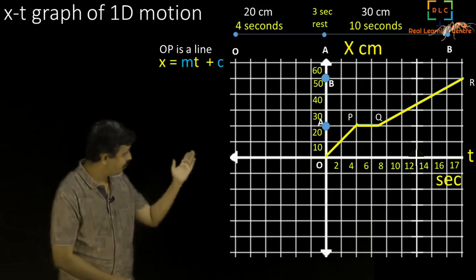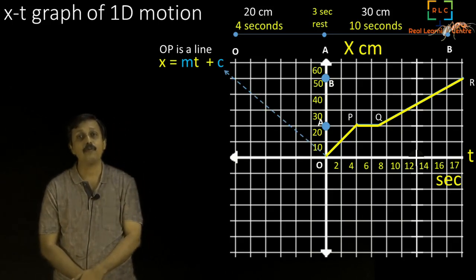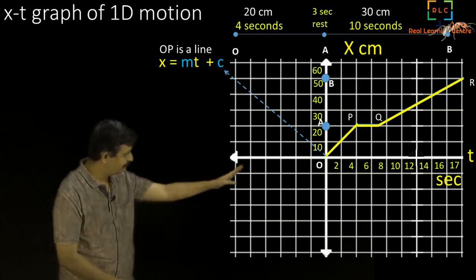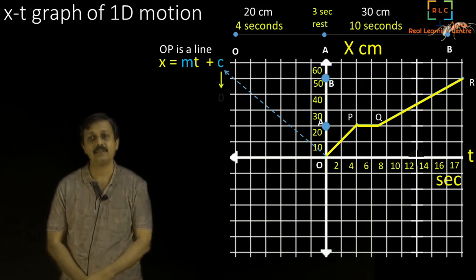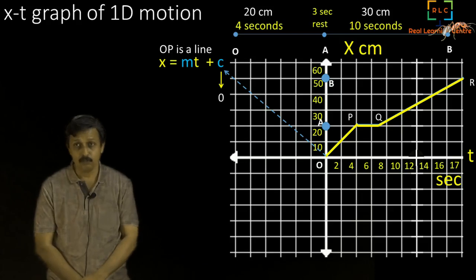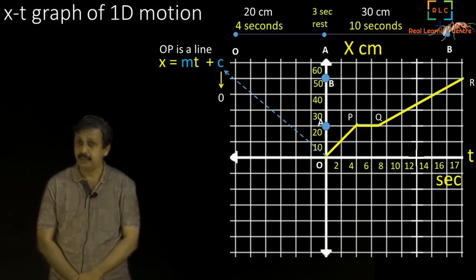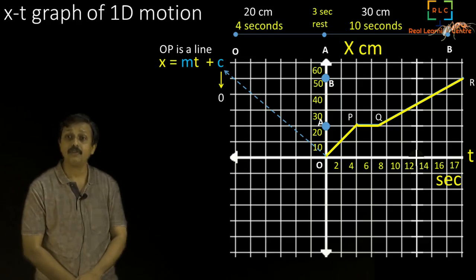And what are the values of m and c? C is the y-intercept. We know where it is cutting the y-axis. This line is cutting the y-axis at 0, so the y-intercept is 0. Now, what about m, which is the slope?